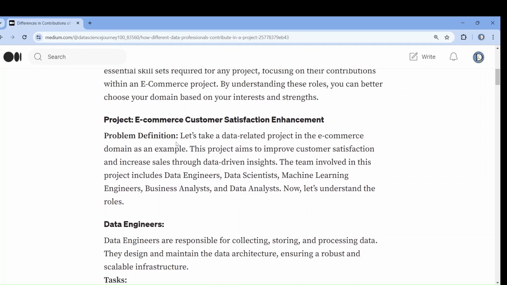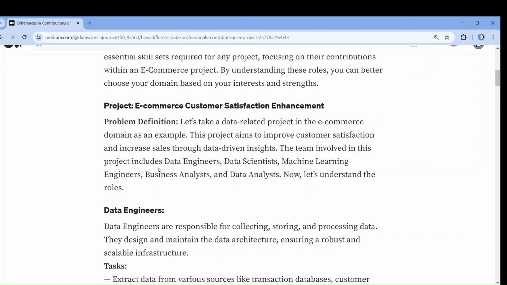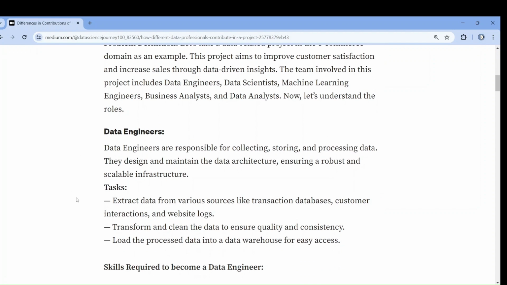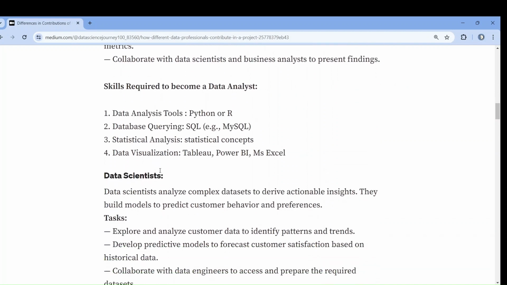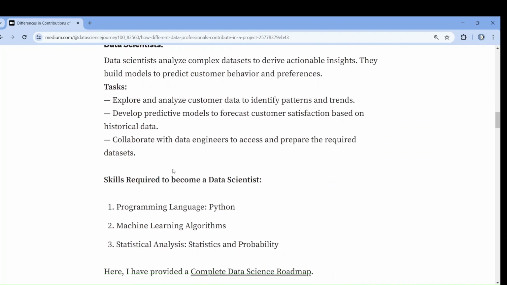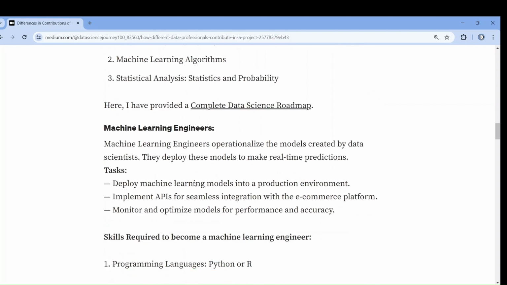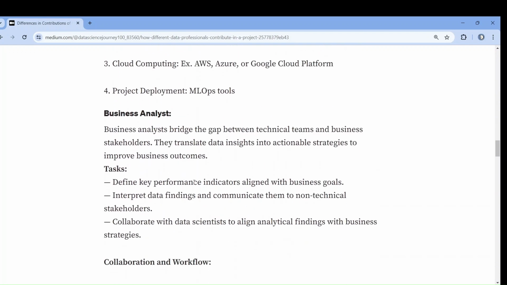And here I have described a project, e-commerce, and also I have described the job roles of data engineer, data analyst, data scientist, machine learning engineer, and business analyst also.